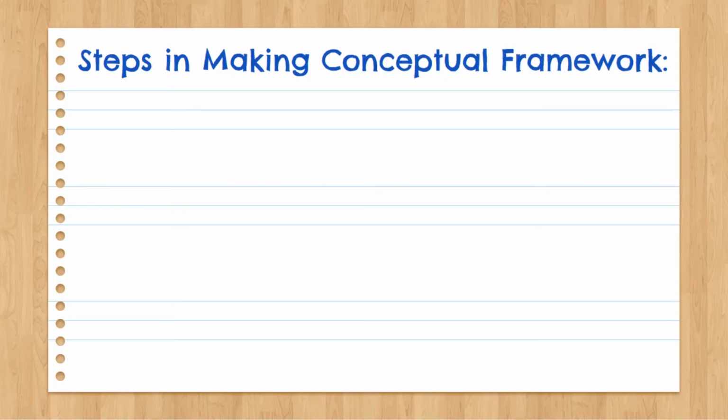These are the following steps in making your research conceptual framework. The first step is: finalize your research title and identify the variables. And I hope you are already done finalizing your research title.